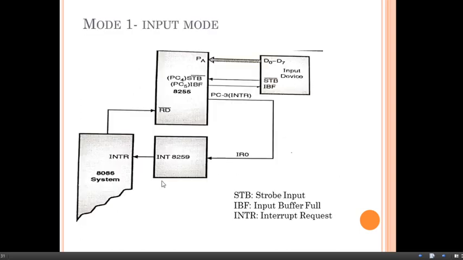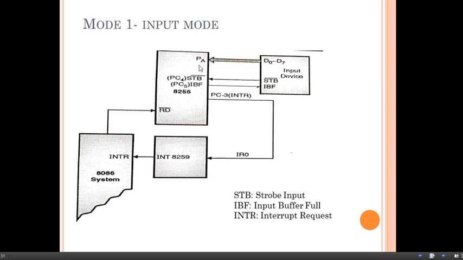Now we will see the mode 1 input mode. In case of mode 1 input mode, let's consider port A. When port A is selected as input mode, here we can observe the interfacing of input mode. So this is 8255, this is input device, this is 8259, and here is our 8086. So port A is selected as input port.